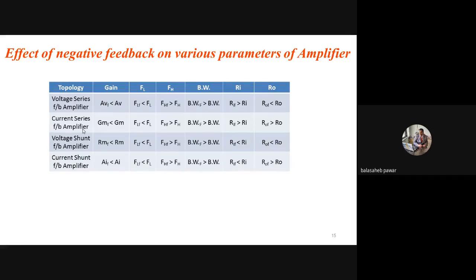Out of the four: voltage amplifier, current amplifier, transconductance amplifier, and transresistance amplifier. For the shown second topology, what will be the basic amplifier? It is already written in that column.